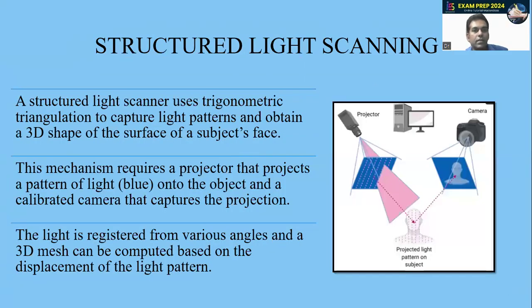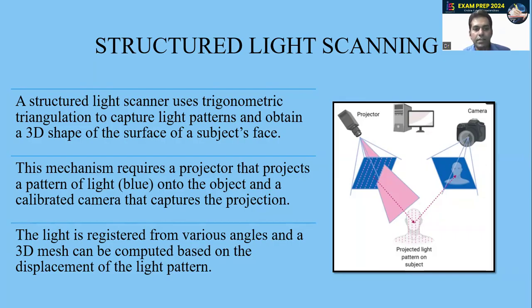Now the next method is structured light scanning. A structured light scanner uses trigonometric triangulation to capture the light patterns and obtain a three-dimensional shape of the surface of a subject's face. This mechanism requires a projector that projects a pattern of light, which is blue in color, onto the object, and a calibrated camera that captures the projection.